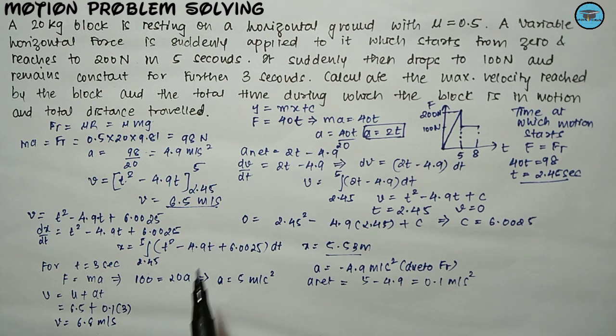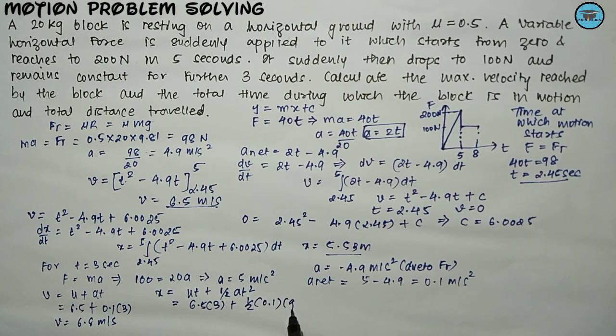Now we apply another law of motion, that is x equals ut plus half at square. So u is known, that is 6.5, time that is 3, plus half into acceleration that is 0.1 and 9. So we get the value of x as 19.95 meter.